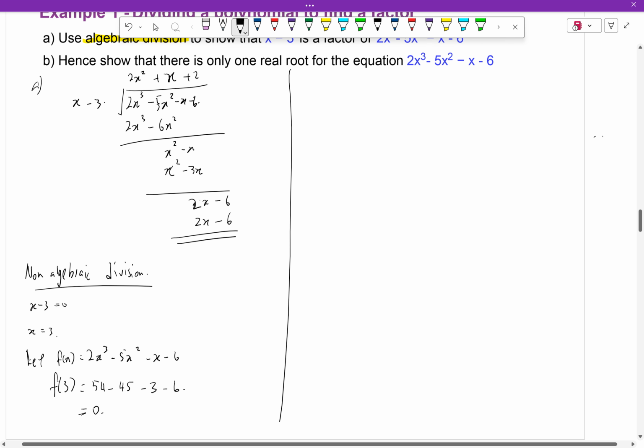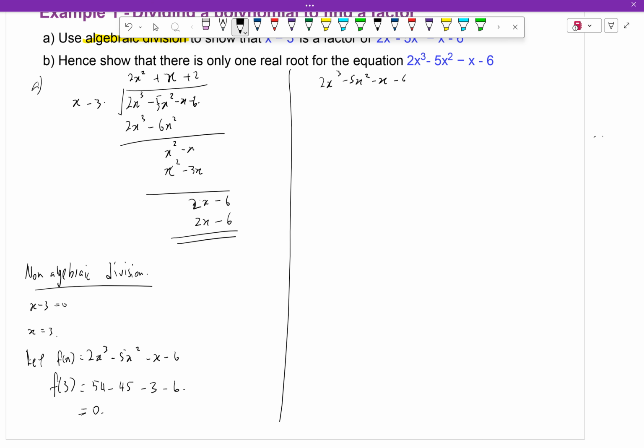Hence, show that there's only one real root for the equation. So we have already seen 2x cubed minus 5x squared minus x minus 6 over x minus 3 equals 2x squared plus x plus 2. Or again, you can write it in this form. You can either multiply from the top or just write this form straight away.